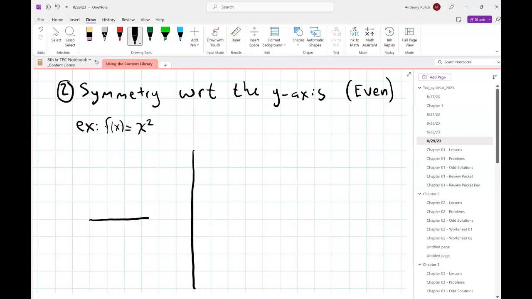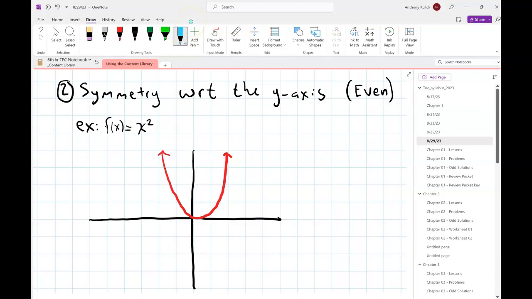And so let's take a look at the graph. So the graph of y equals x squared should look like this.